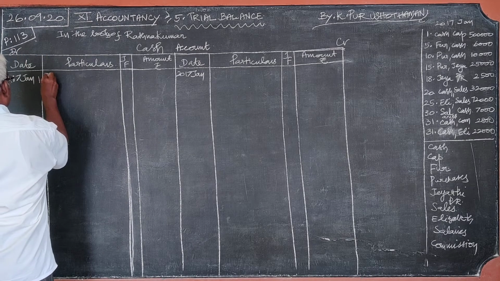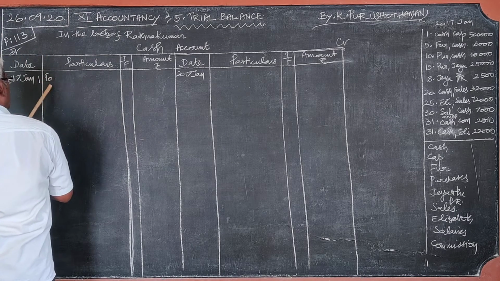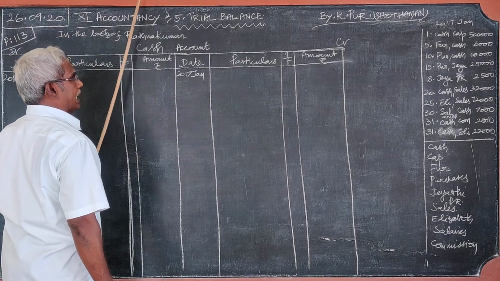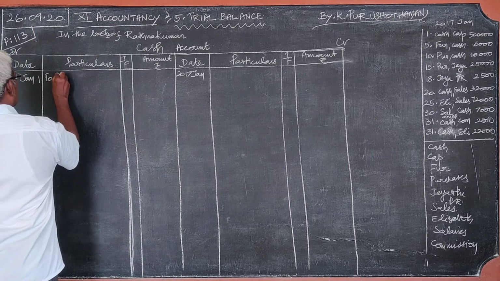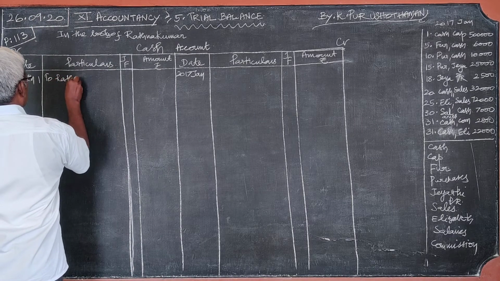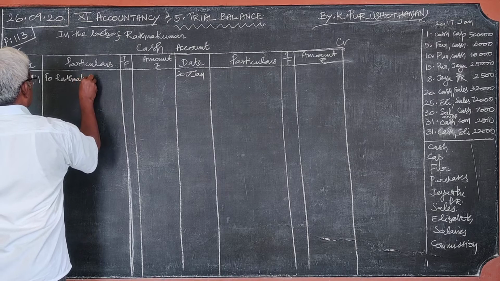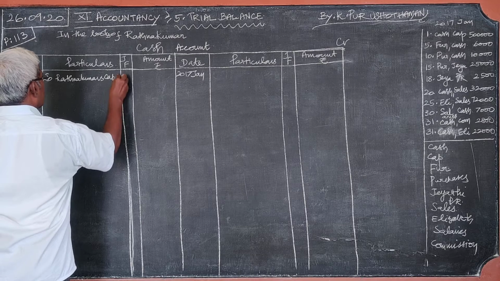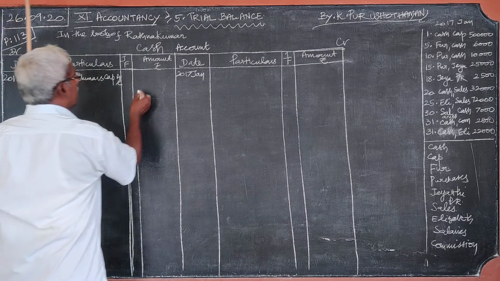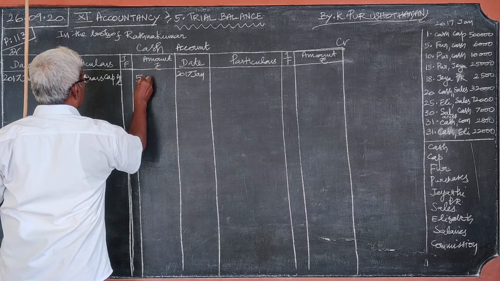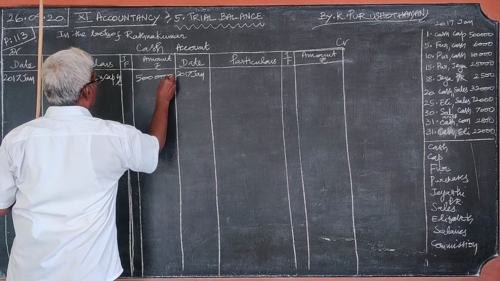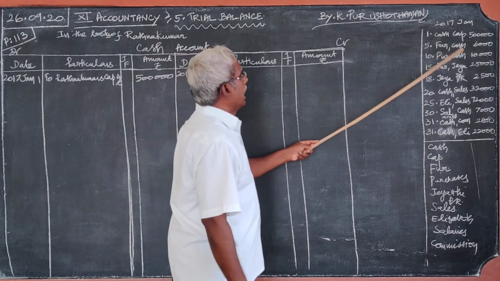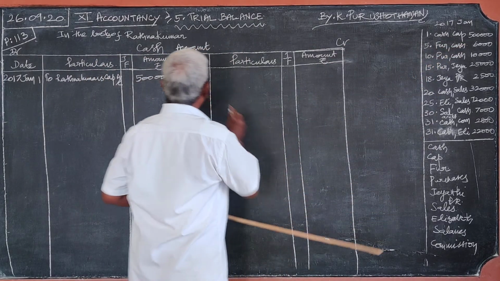So on the debit side, whatever you write, you should write with the word 'to'. Whatever you write on the credit, we should use the word 'by'. Okay, cash here to Ratnakumar's capital account, that is 5 lakhs.